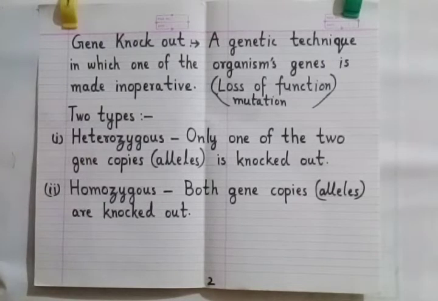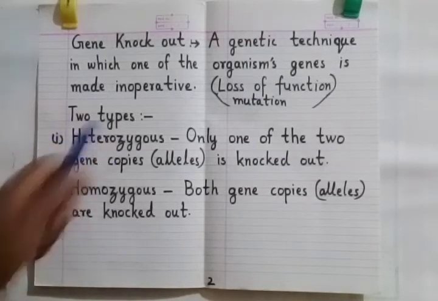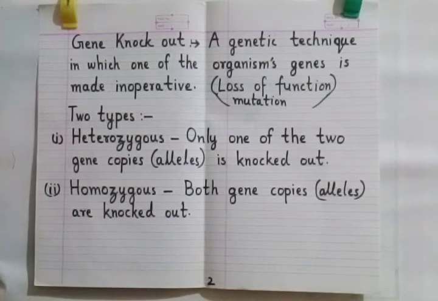So in this case, there is still a possibility that in some cells the original gene will be expressed, but obviously the full function of the gene will not be there because one of the pair has lost its gene. This is called heterozygous gene knockout.